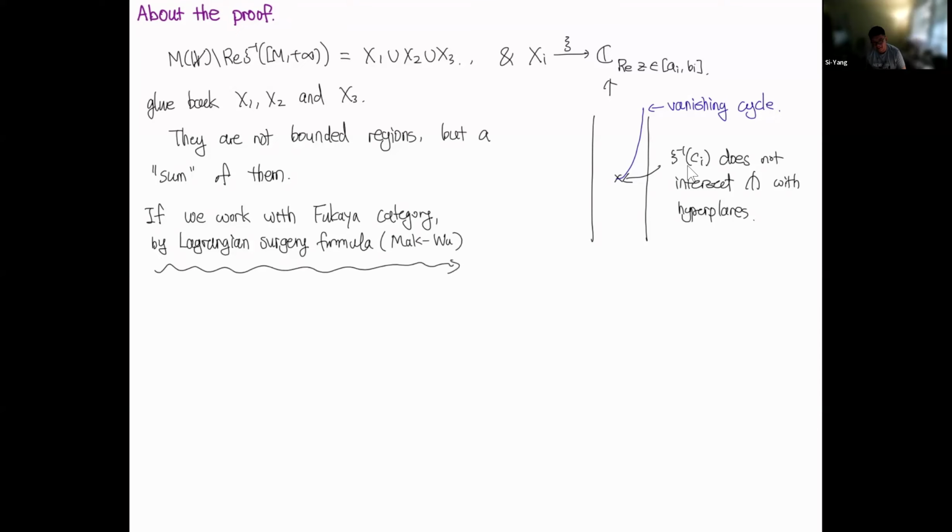Possibly almost everyone here knows this famous work. You can see that the vanishing thimble can be written as a direct sum of bounded Lagrangian regions, depending on how you flow this down.